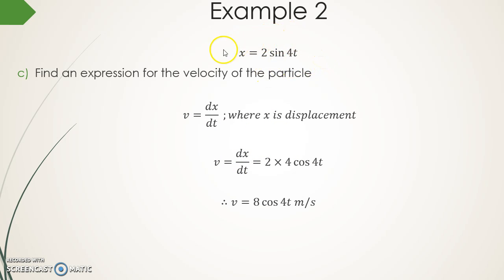All we're going to do is find the derivative of our expression 2 sine 4t, just using our derivative rules. Velocity equals 2 times 4 cos 4t. So that's just applying the derivative to that. So we get 8 cos 4t meters per second. That's our general expression for the velocity.